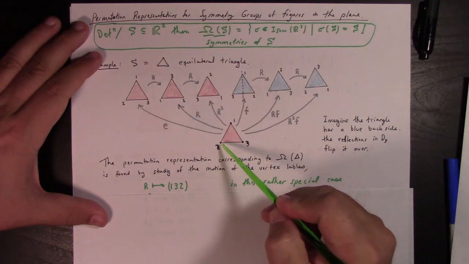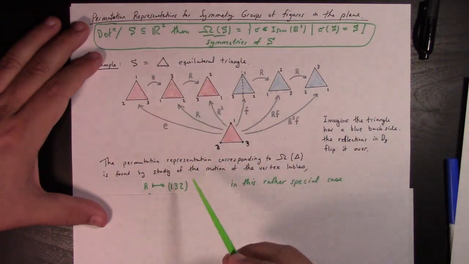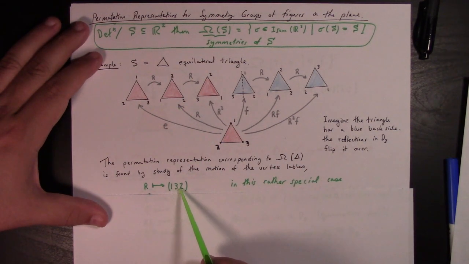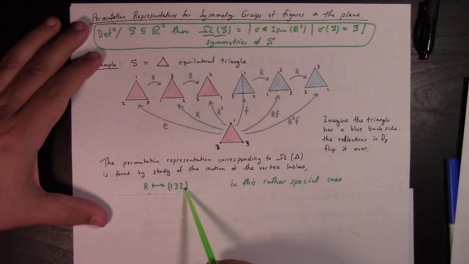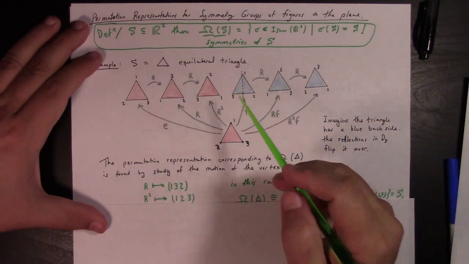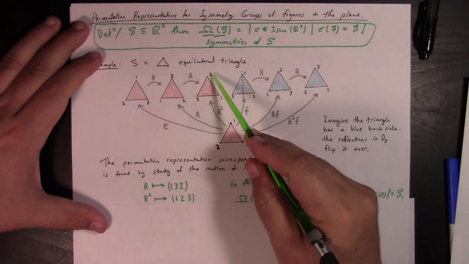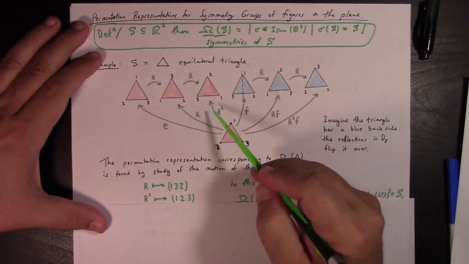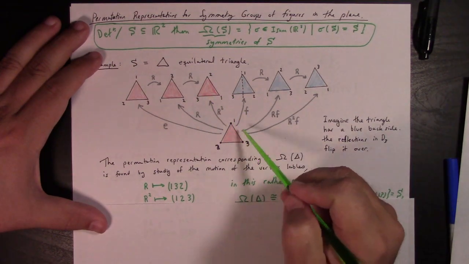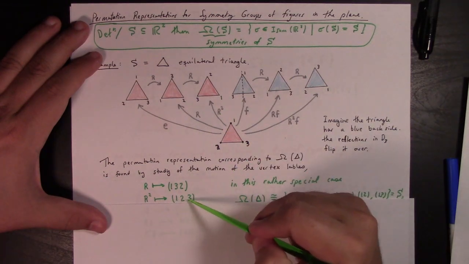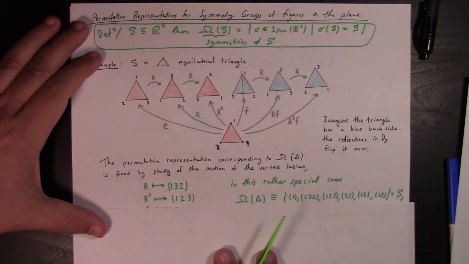What happens with 2? 2 goes to 1. That's why I write R corresponds to the 1, 3, 2 cycle. R squared. Alright, 1 goes to 2. 2 goes to 3. 3 goes to 1. That's why R squared is the 1, 2, 3 cycle.